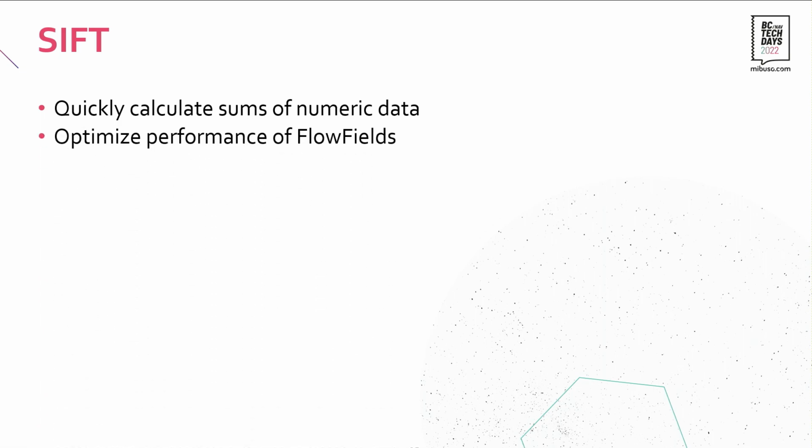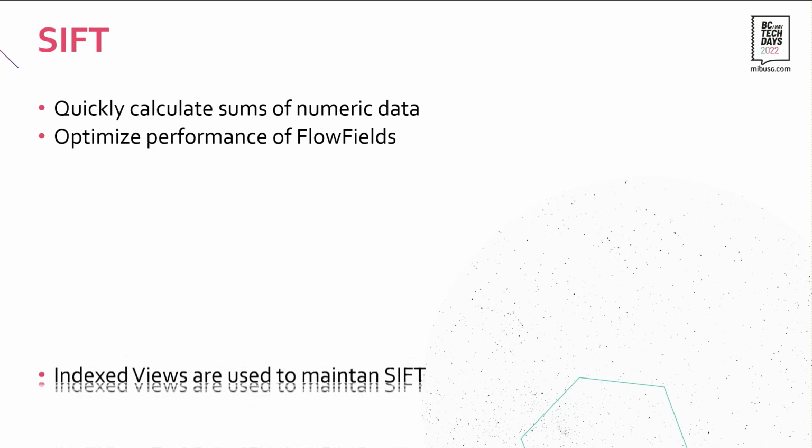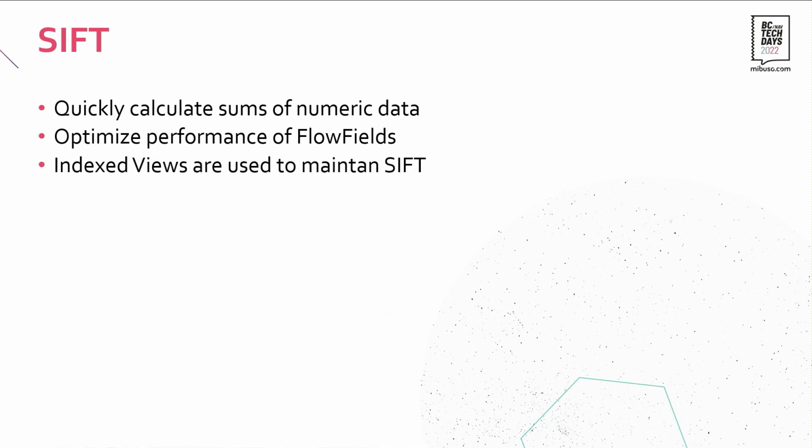So why was I saying that about indexed views? Because SIFT technology is basically done on indexed views. When we add a SIFT key in our table, in the key section in Business Central, this is basically an indexed view in SQL Server. Because of that, it is blazingly fast when we want to get sums or some other aggregation, but it is very hard to insert data.